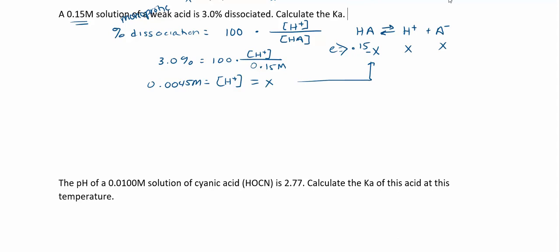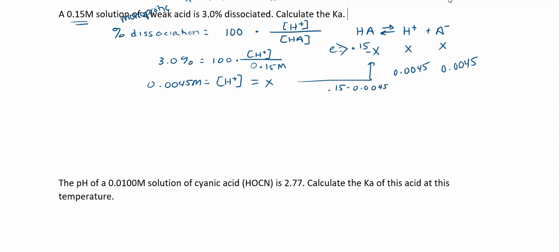So in order to calculate the Ka, I'm going to solve for all of my equilibrium concentrations and then calculate that value. So the concentration of H, I already solved for, and that's equivalent to the concentration of A minus. So the concentration of my weak acid is going to be 0.15 minus this value.